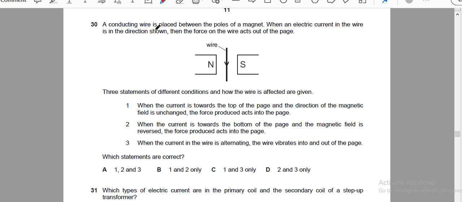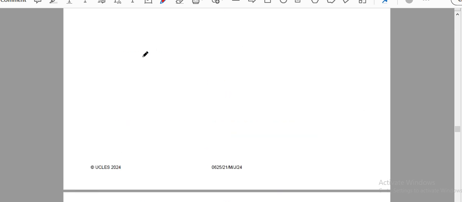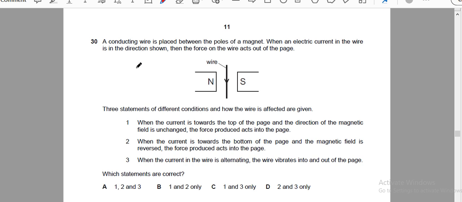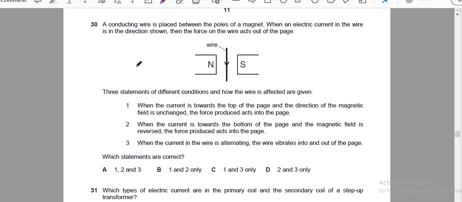Conducting wire placed between poles, we're discussing a case like this. Electric current is shown, force on wire out of page.